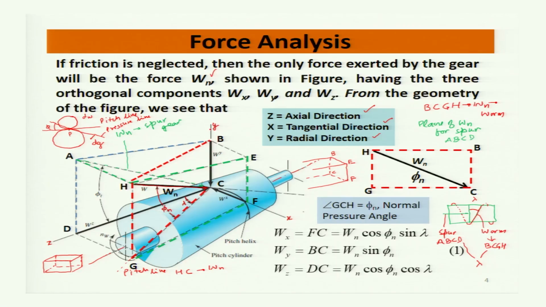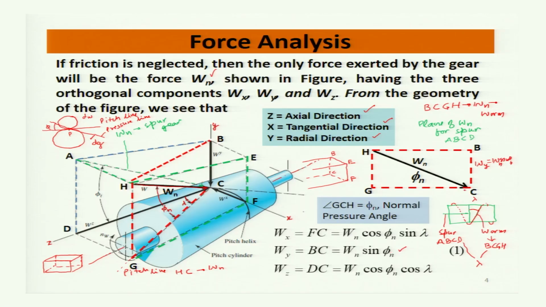Now, we can find the component of this Wn along BC. BC is the y direction and so it is the radial direction. So, we will get the force along the y axis, called Wy. This will be Wr also, as we will see later, and that is Wn sine of phi n, which is shown here.